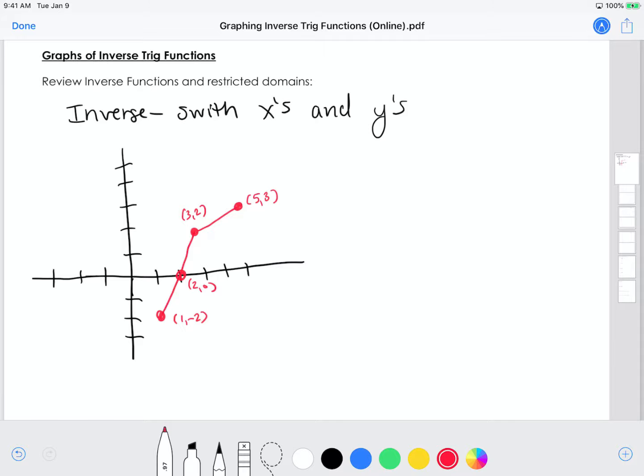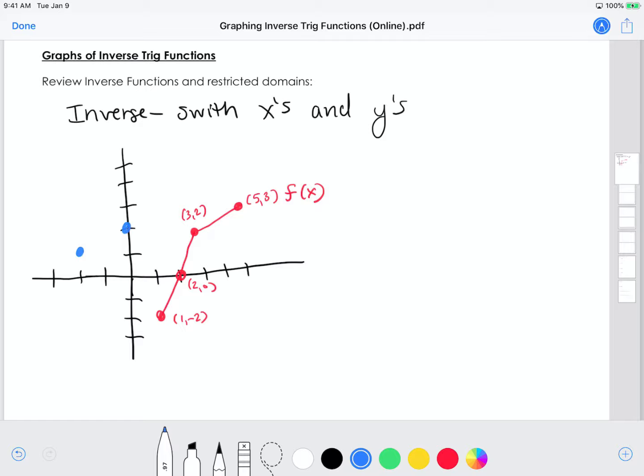So let's call this f of x in red, and I'll draw the inverse in blue. On the graph of f of x, we have the point 1, -2, which means on the graph of the inverse, I would have the point -2, 1. On the graph of f, I have the point 2, 0, which means on the graph of f inverse, I would have the point 0, 2.